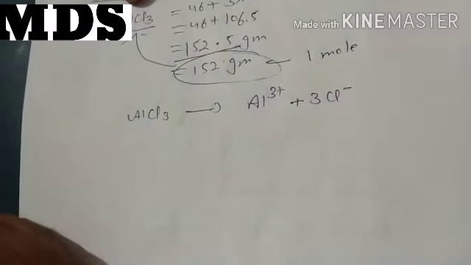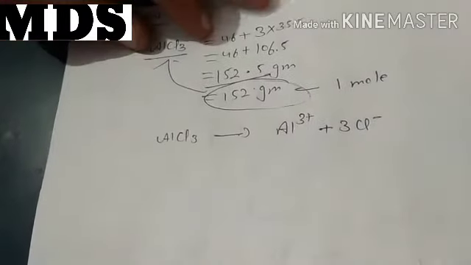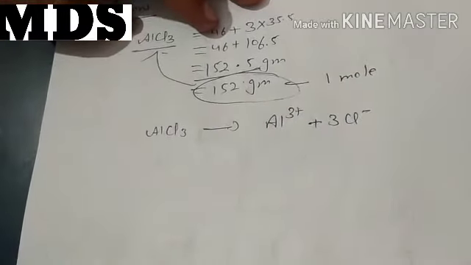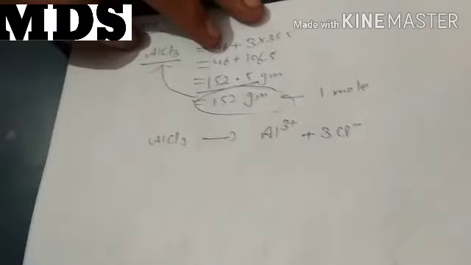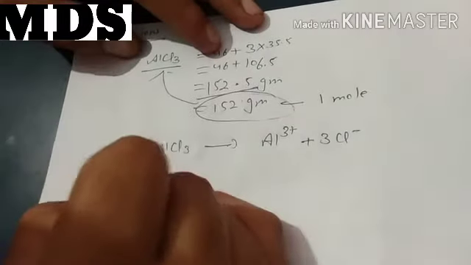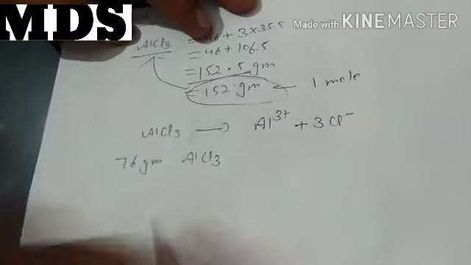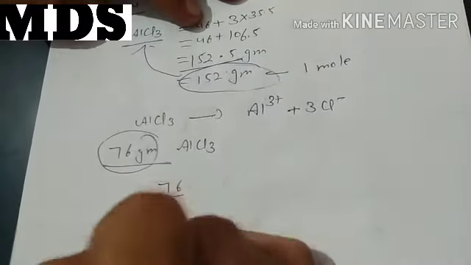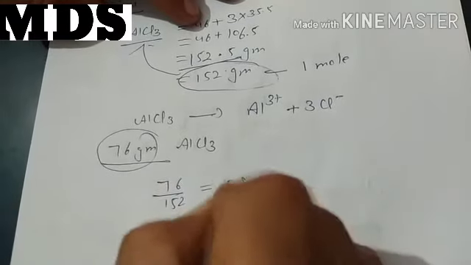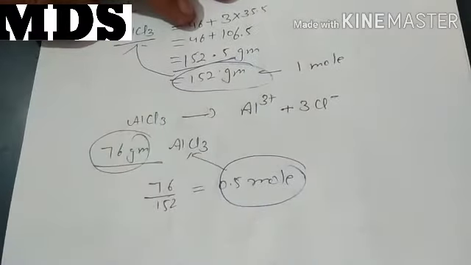If asked how many chloride ions exist in 76 gram of AlCl3, first we will convert the mass into moles. 76 divided by 152 will give you 0.5 mole of AlCl3.